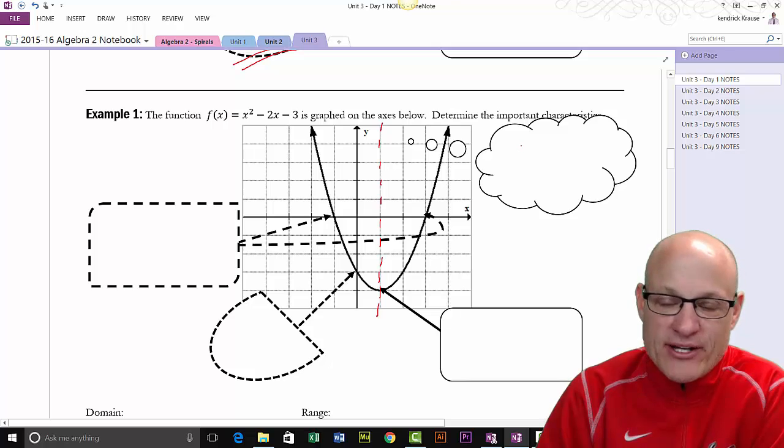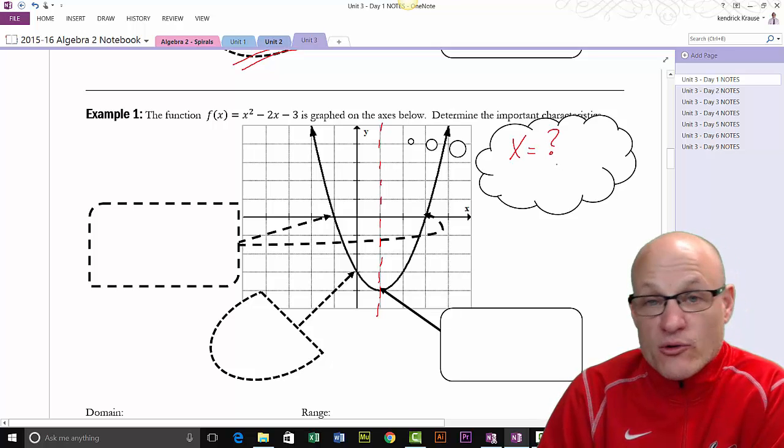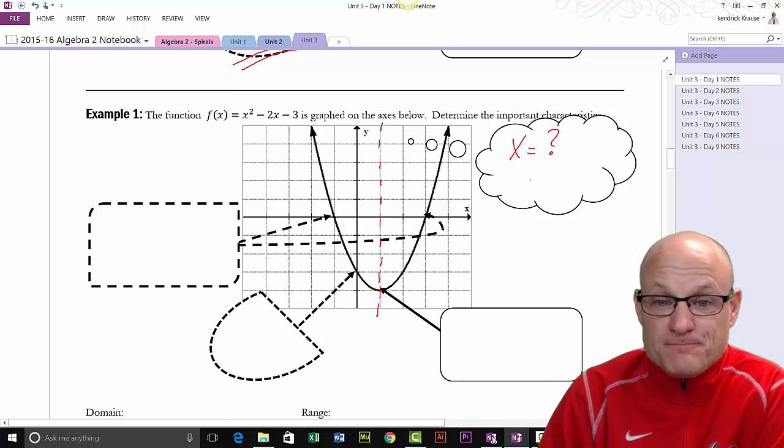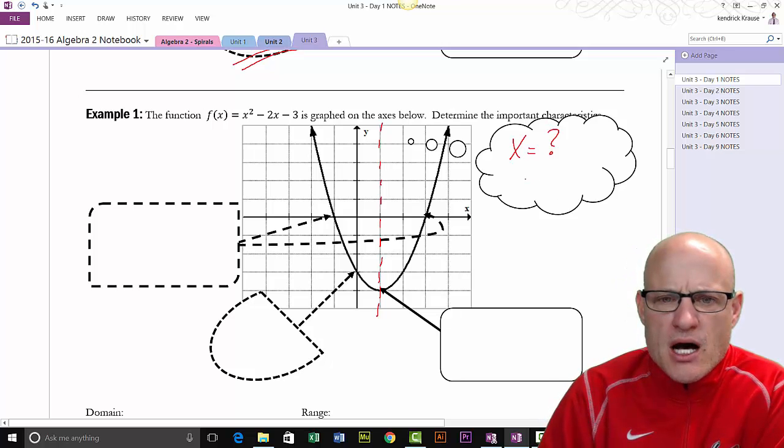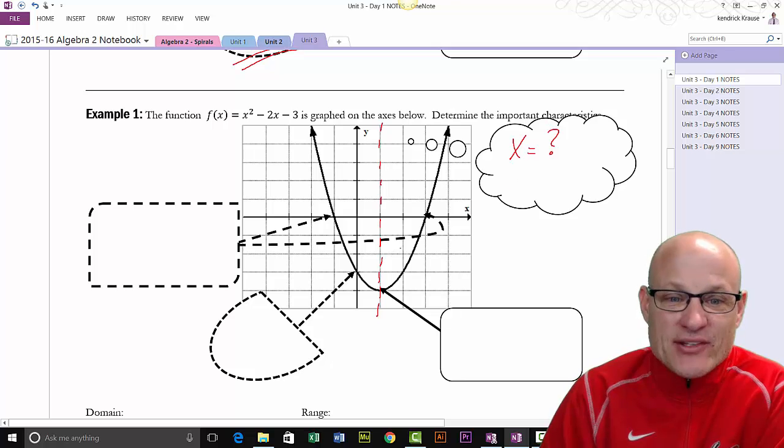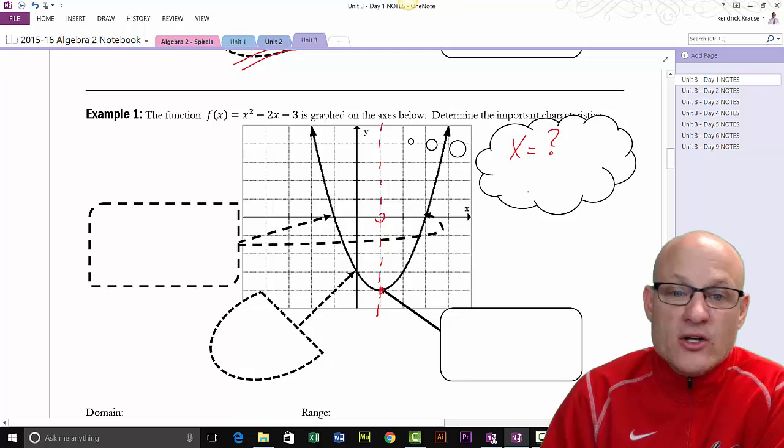And if you remember correctly, all vertical lines have that formula, x equals something. So that's a vertical line. Remember, horizontal lines are y equals. They go the other way. In this particular case, what is x equal to? 1. So x equals 1 is my axis of symmetry.